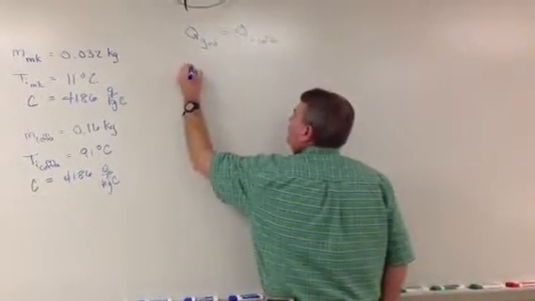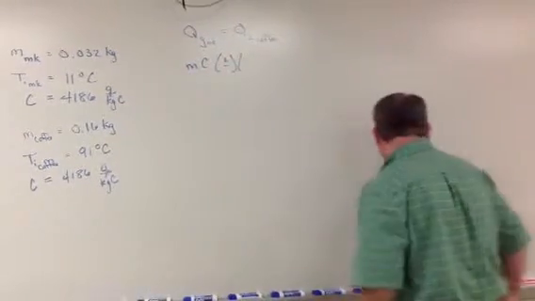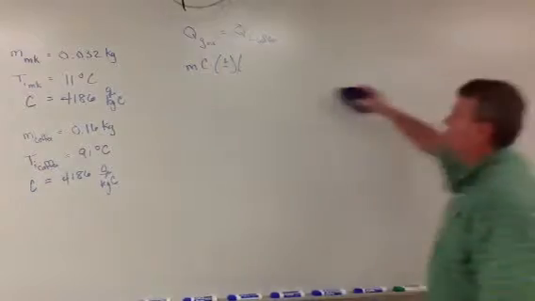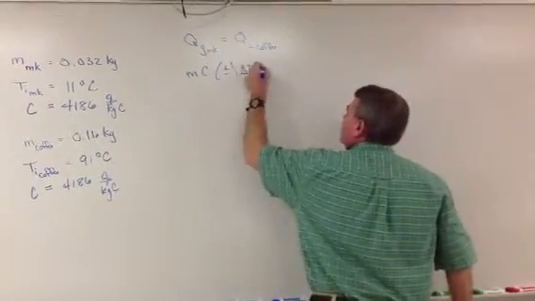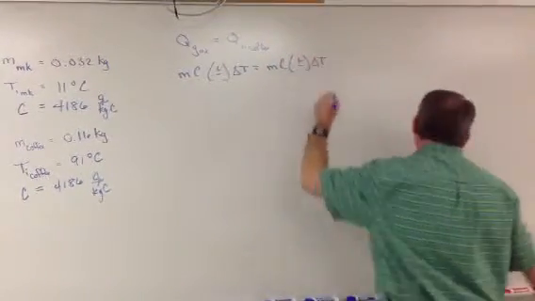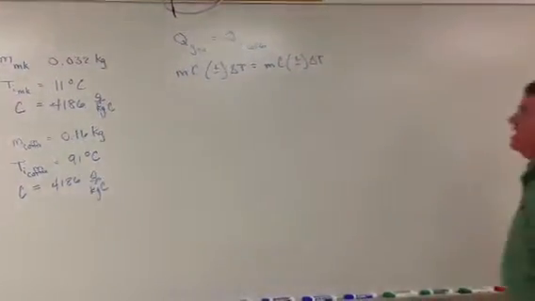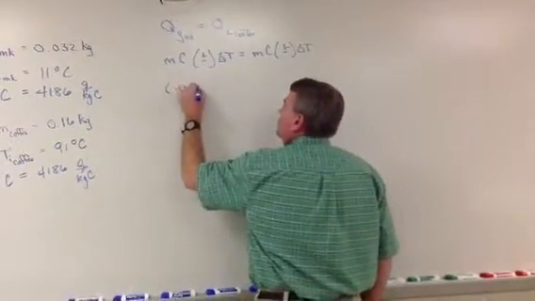So we start off with MC plus or minus delta T is equal to MC plus or minus delta T. Okay? The mass of the milk is 0.032.